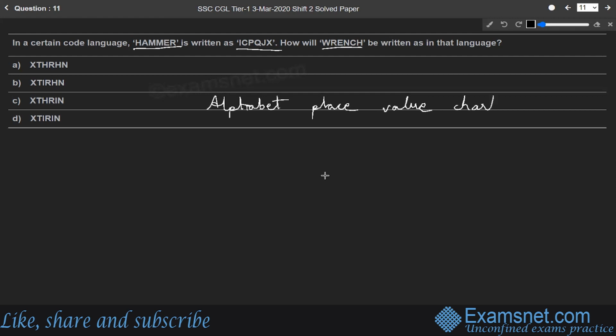Whenever we see a question that consists of a word that is converted or written into some other code language, then we have to use the alphabet place value chart. So what is the alphabet place value chart? Let us make it and understand it. To make the alphabet place value chart, we first need to write all the alphabets in sequential order, right?